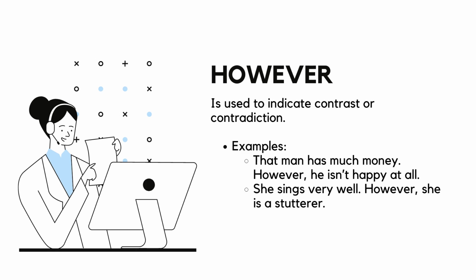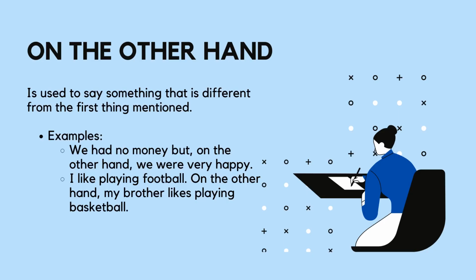After that, another connector is on the other hand. It is used to say something that is different from the first thing mentioned. To make it more understandable, let us see several examples. The first one is, we had no money, but on the other hand, we were very happy.